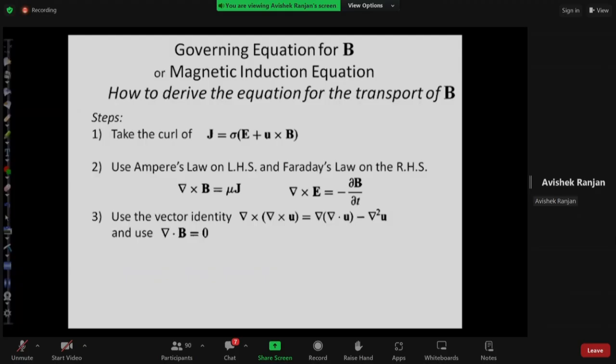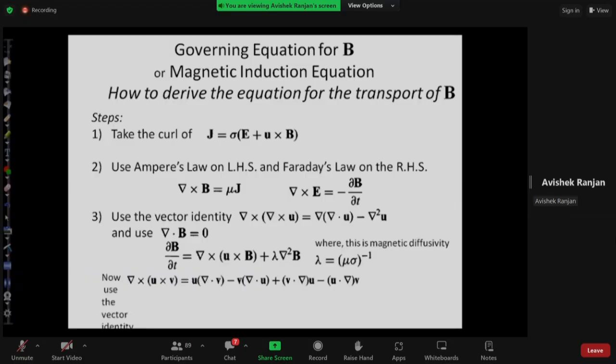So we have a curl of J, and then assuming sigma to be constant, we have a curl of E and curl of U cross B. On the LHS we use Ampere's law, on the RHS we use Faraday's law, replace the terms, and then use the vector identity with div B equal to 0, and lo and behold, we arrive at this equation where lambda is 1 over mu sigma, also called magnetic diffusivity. This has the same dimensions as kinematic viscosity and thermal diffusivity, which is quite interesting.